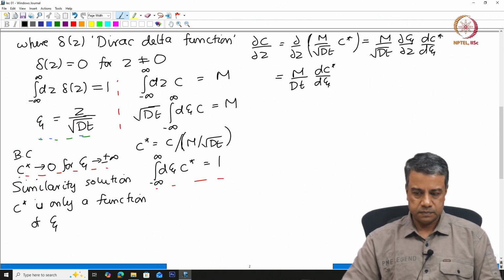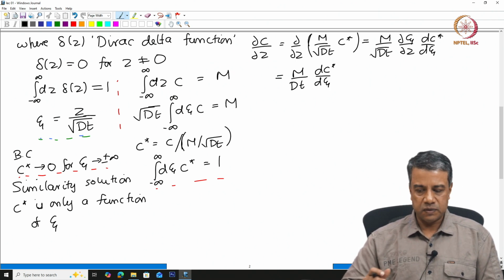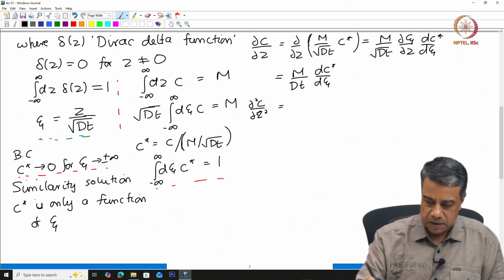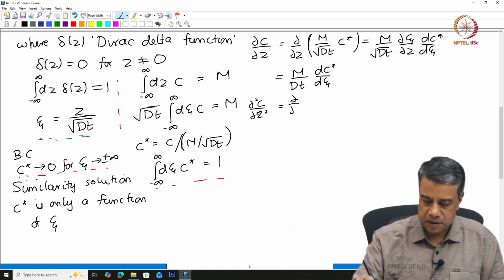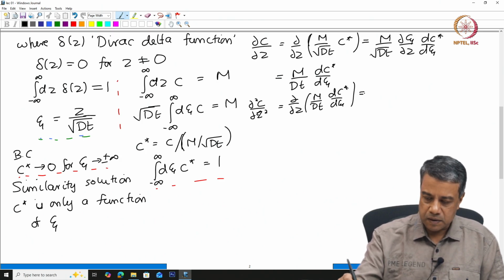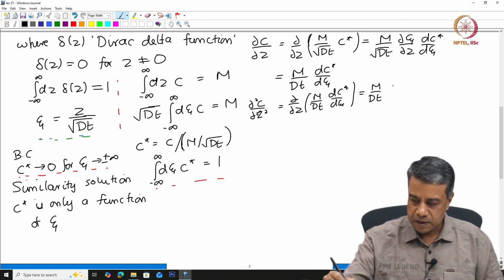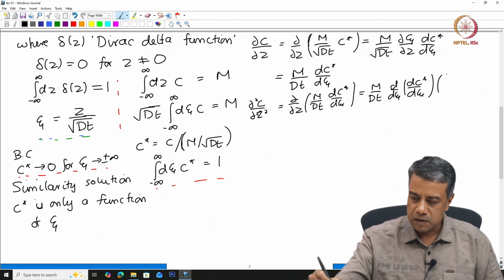For the second derivative, you have to do this once again. Partial square c by partial z square is equal to partial by partial z of m by Dt times d c star by d psi, which is equal to m by Dt times d by d psi of d c star by d psi into partial psi by partial z.